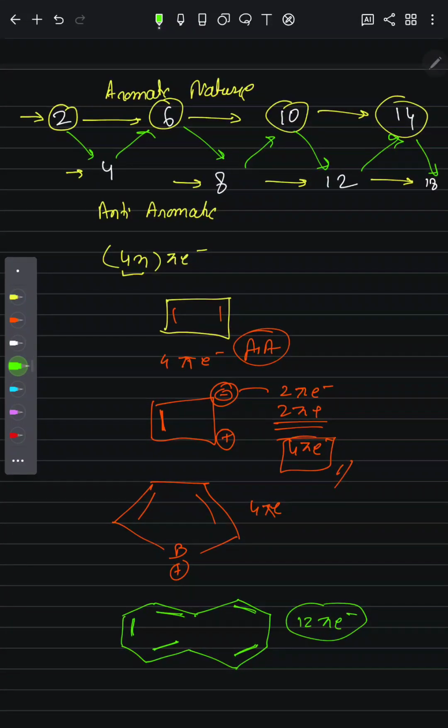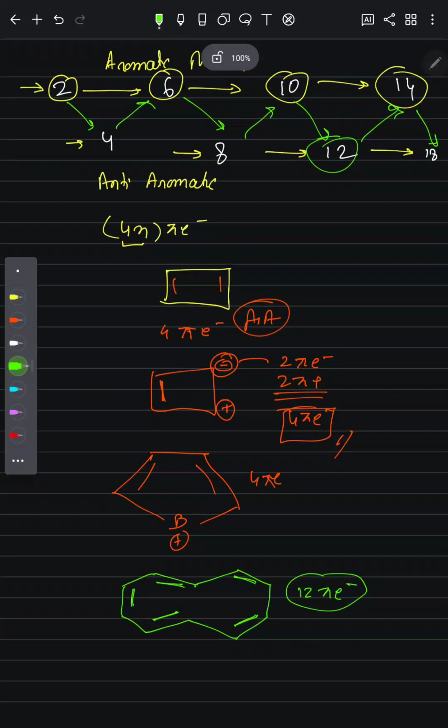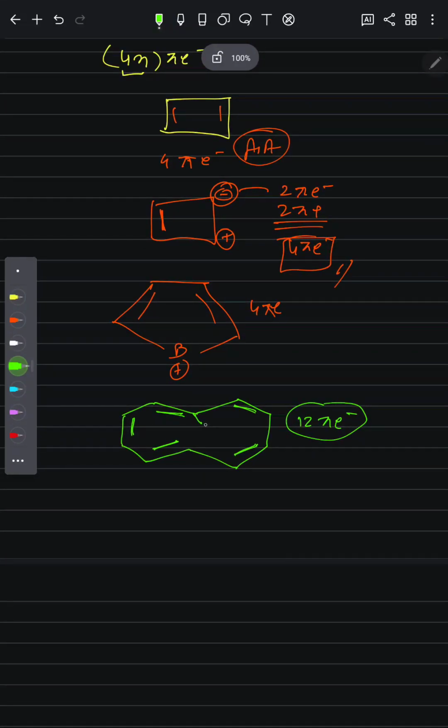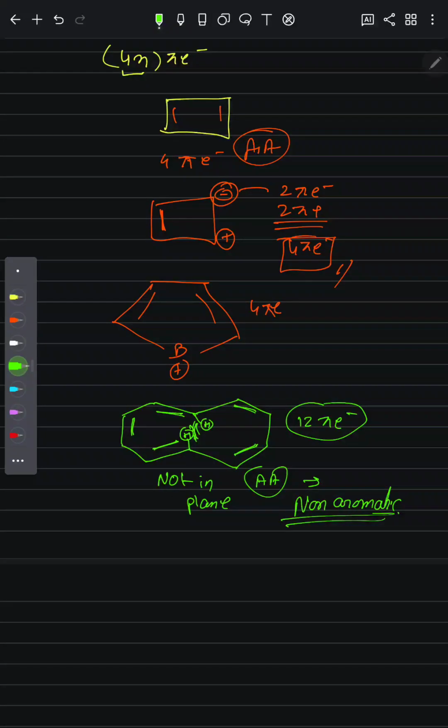So if it is 12 pi electrons, it should be anti-aromatic, but it is not. Why? Because the hydrogens present here repel each other, so it goes out of the plane, not in plane. So it is not anti-aromatic, it is non-aromatic. It is not even aromatic. These are some miscellaneous examples.